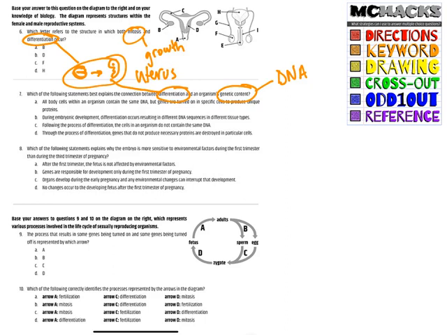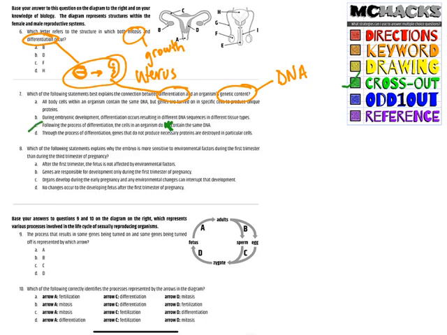Okay, I'm going to use this strategy to cross out. And I know from what I've learned and from what we've discussed, the cells in an organism do contain the same DNA. So they do contain the same DNA.